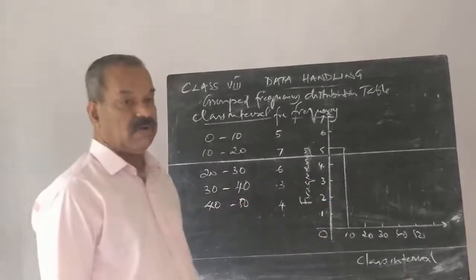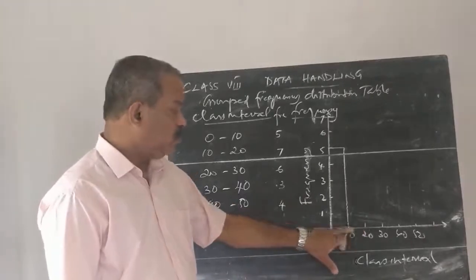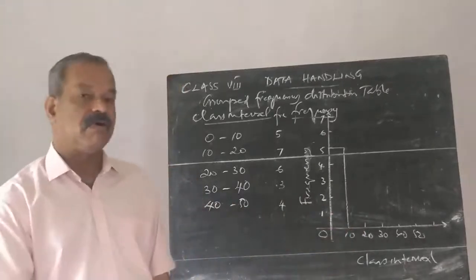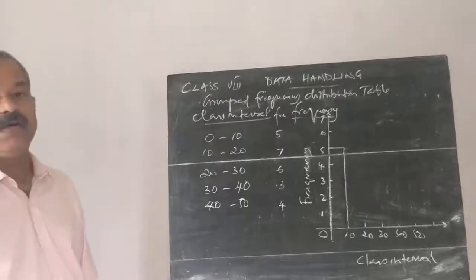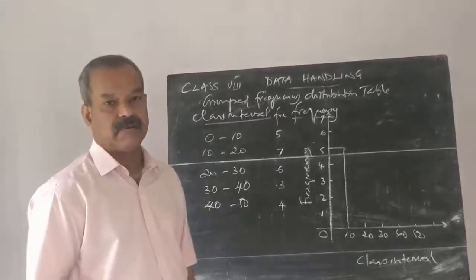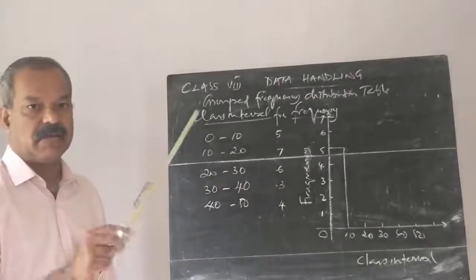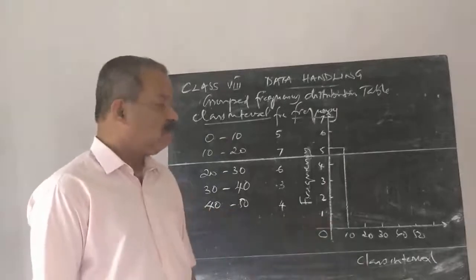In the bar graph, we keep a uniform width between the first bar and the second bar. If it is 1 unit, then the distance between the second bar and the third bar is also 1 unit.